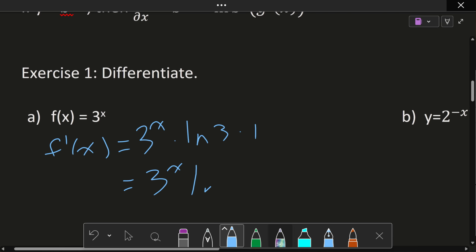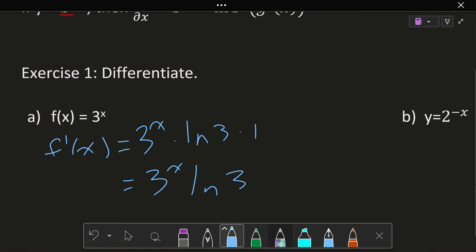So 3 to the x ln 3. I don't need to worry about what ln 3 is. Ln 3 is some number. I can just leave it like that. Or I could write this as ln 3 times 3 to the x. It doesn't matter which way we write it. They are going to be the same.